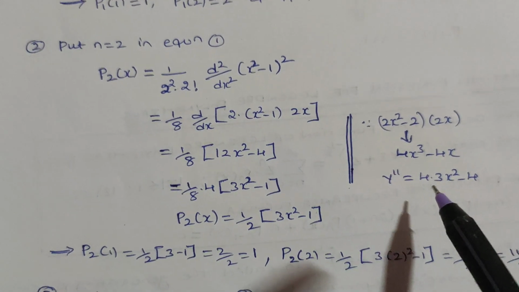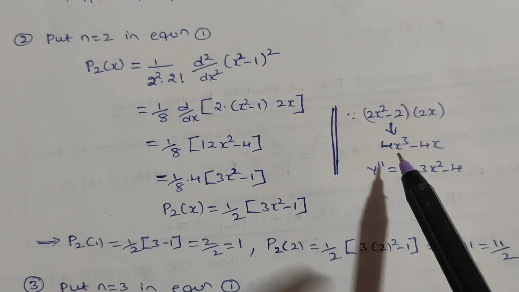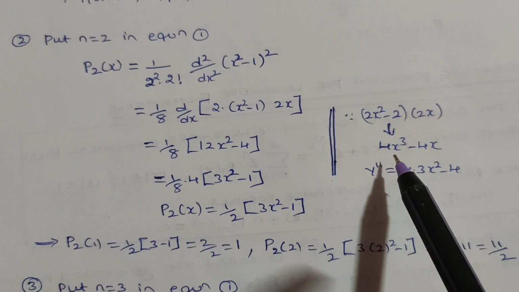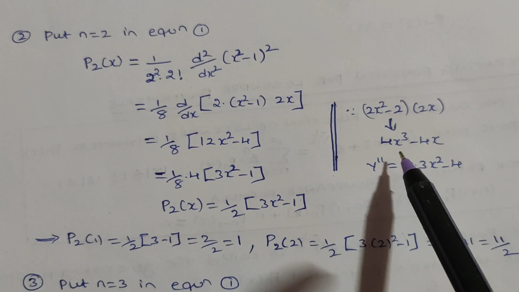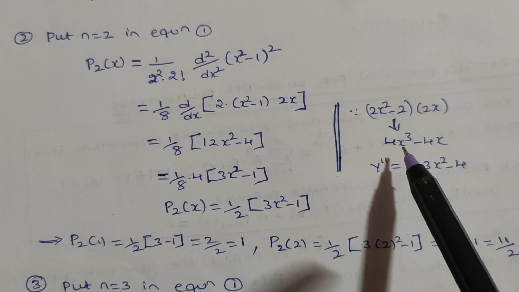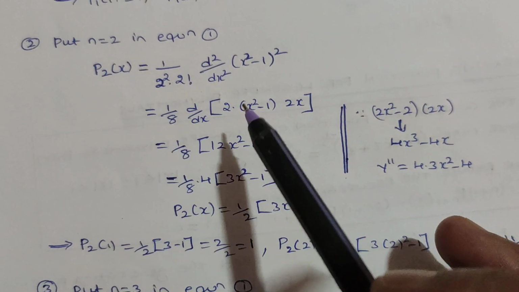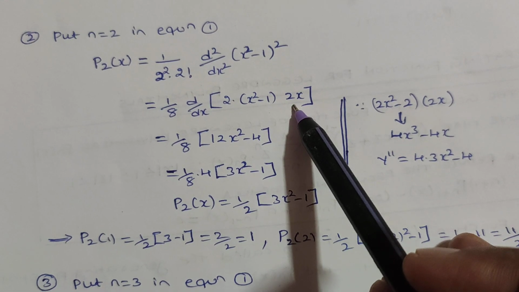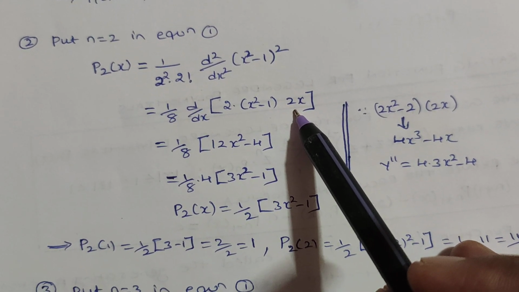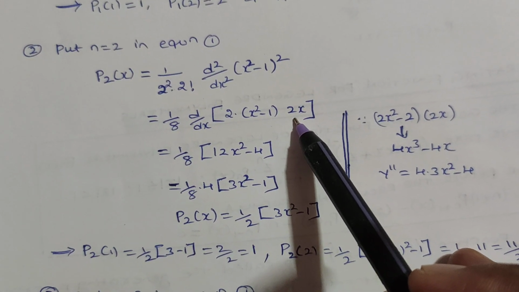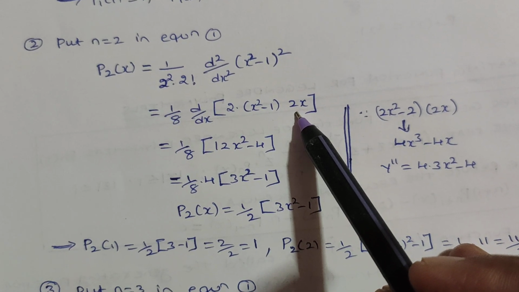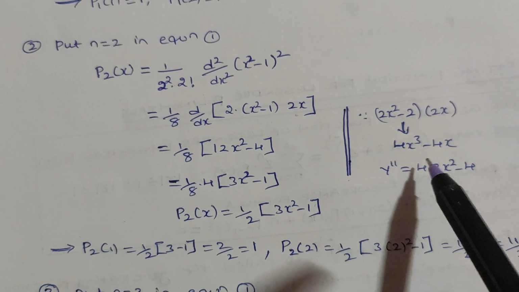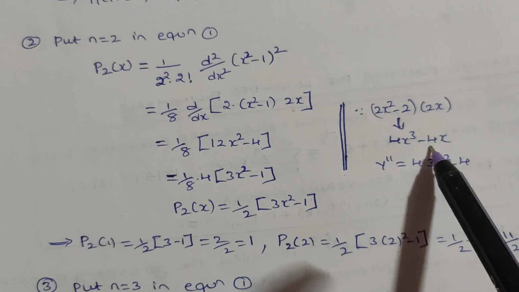First, when we consider the first order derivative, it will be 2 into x square minus 1 into its inner derivative 2x, and the value of this will be 4x cube minus 4x.